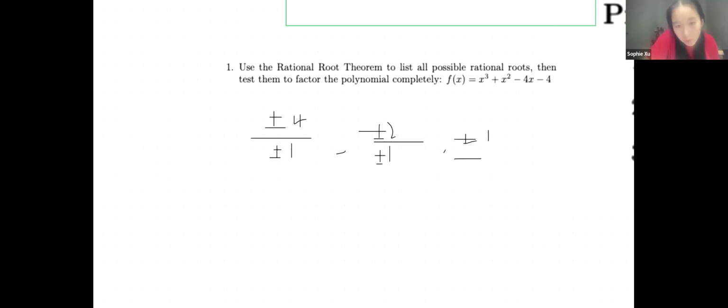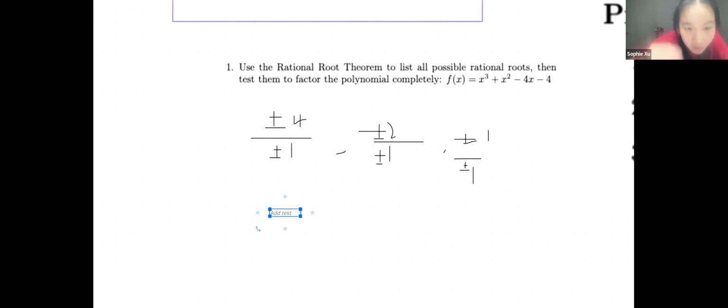So all the possible roots are 4, negative 4. Why did that turn up as a dollar sign? 2, negative 2, and 1 and negative 1, right?